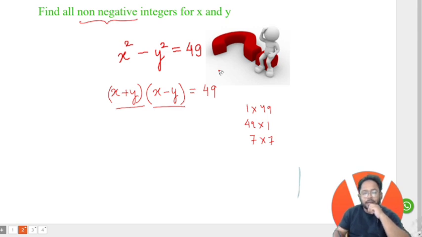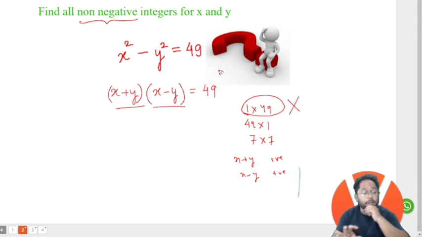So if I take the case of 1 and 49, x minus y, when we do 1 minus 49, that will give us negative. So we have to ignore that.